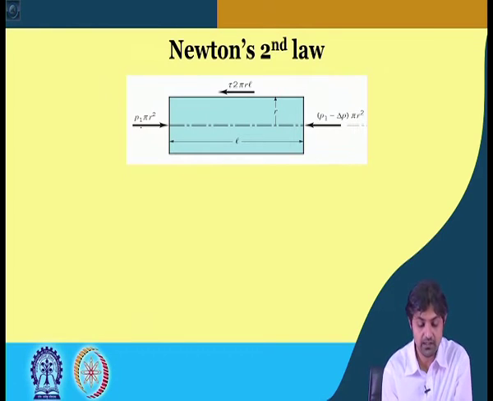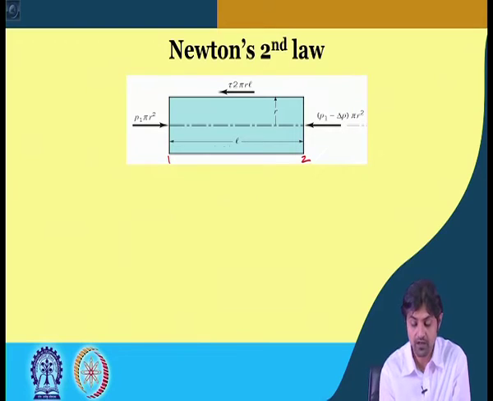If there is a pressure P1 on the left side at section 1 and this is section 2, and if we assume that delta P is the pressure drop, then P2 is going to be P1 minus delta P, right?